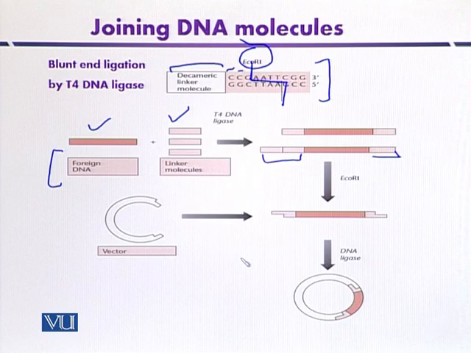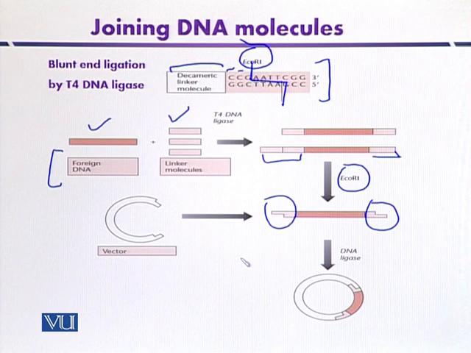Before ligating with the vector molecule, it is treated with the restriction enzyme EcoR1 so that we can get cohesive or sticky ends. These sticky ends have been created by treating with EcoR1.